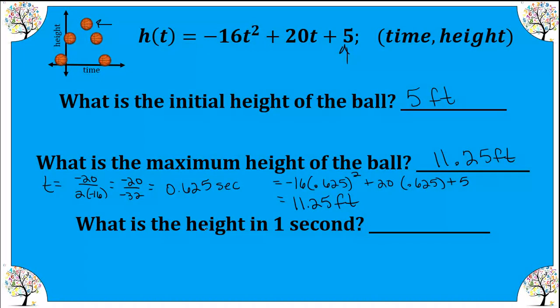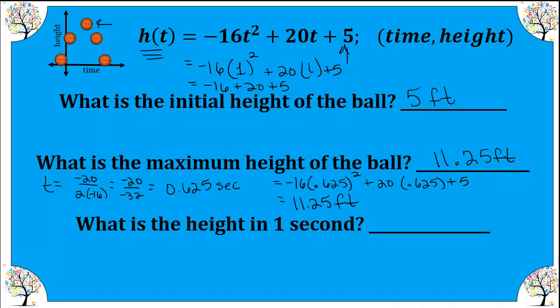So now it's asking what is the height? So we're looking for the output when the ball is in the air for 1 second. So we simply just replace, again, we're going to plug in a time everywhere for t. We're going to get negative 16 plus 20 plus 5. So this gives me 25, and then we're going to subtract the 16.